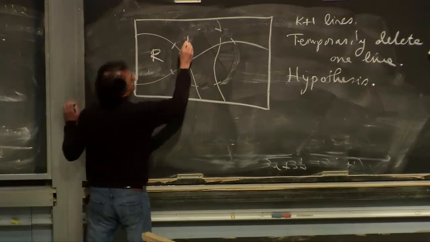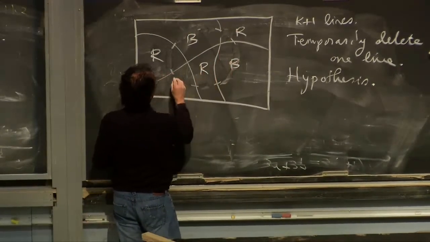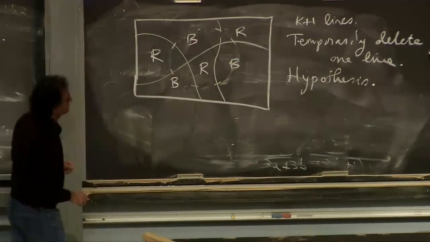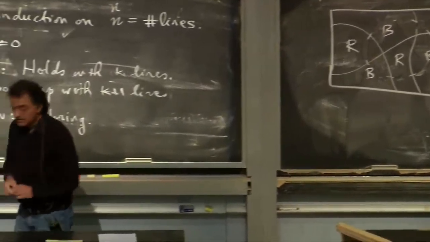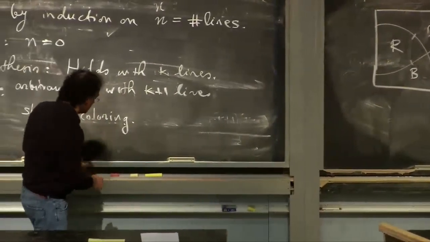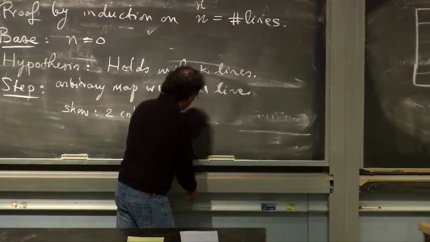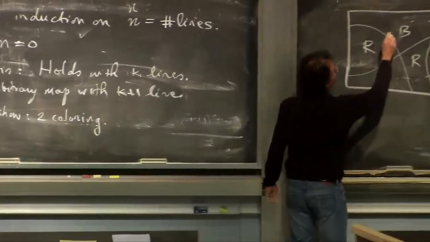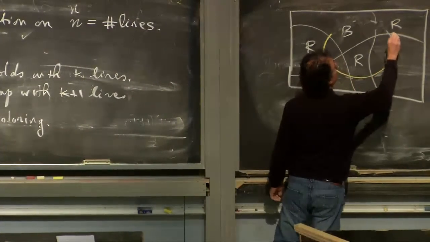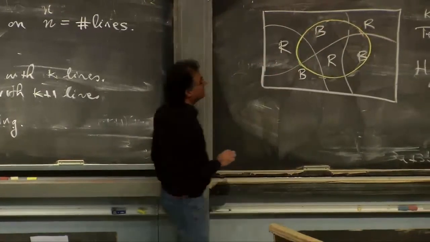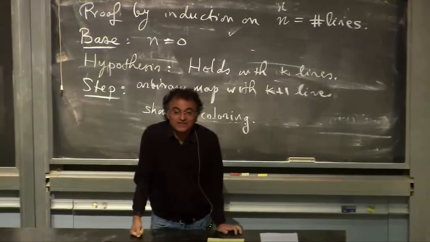There was red, blue, red, blue, red, blue. Okay? Okay, so far so good. So now we go ahead and put this line back. And now it's no longer a good coloring. So what do?